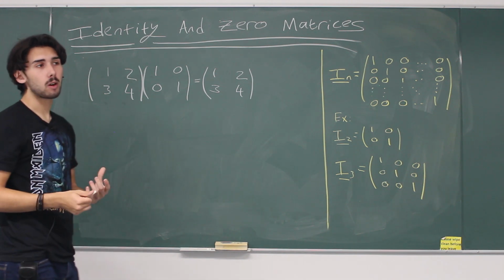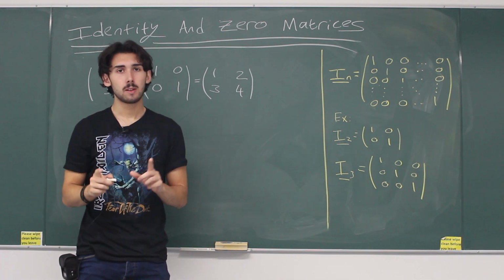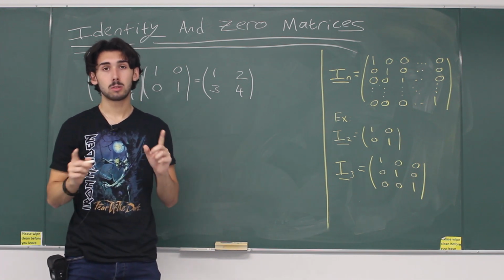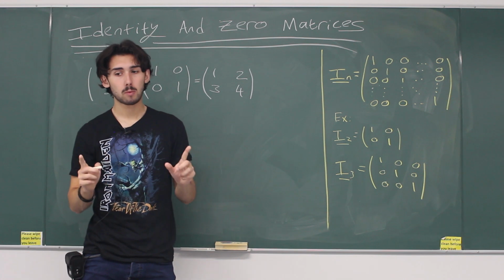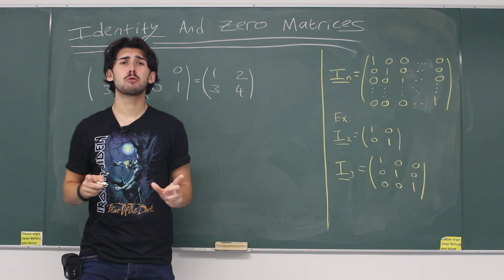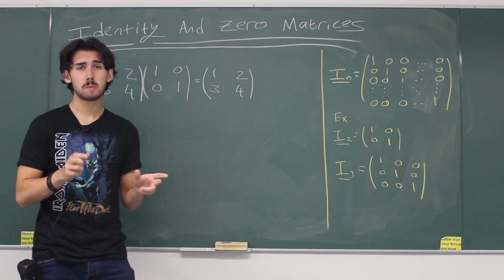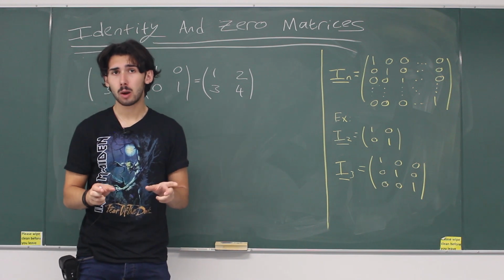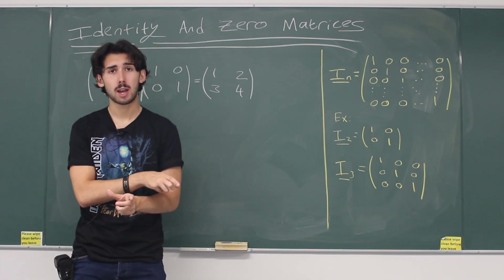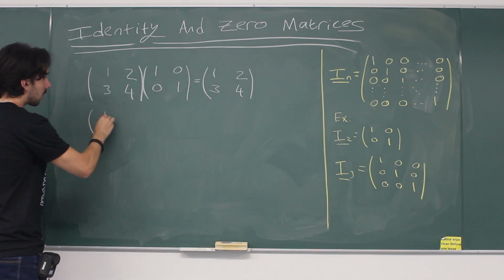Even though matrix multiplication is not commutative, which means that you can't do the operation one way around and expect it to work the same as the other way around, so matrix A times matrix B will not necessarily equal matrix B times matrix A, even though that is true, watch what happens if we do this the other way around.